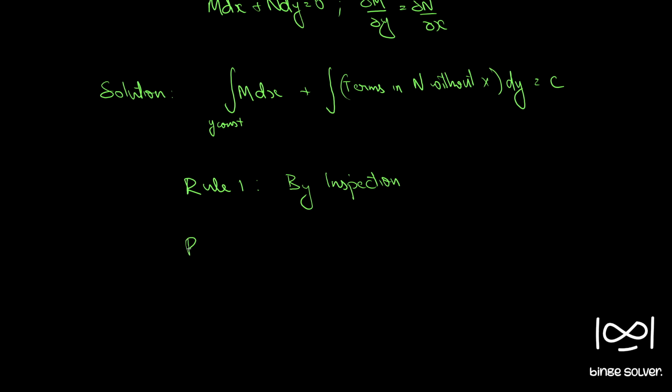Then we discussed rule 2. It was a special case where the differential equation was homogeneous. So if the differential equation is homogeneous, we can use the integrating factor 1 by (Mx plus Ny).